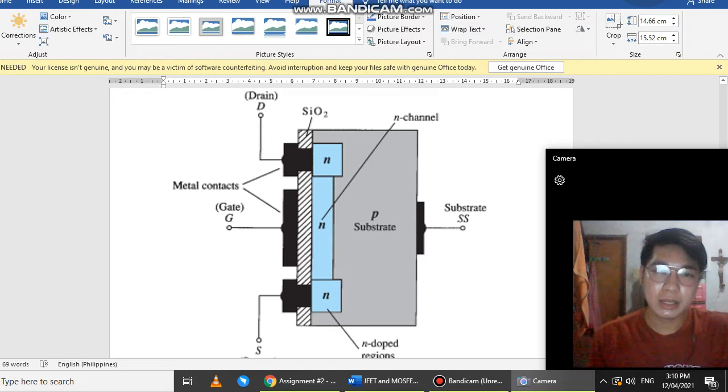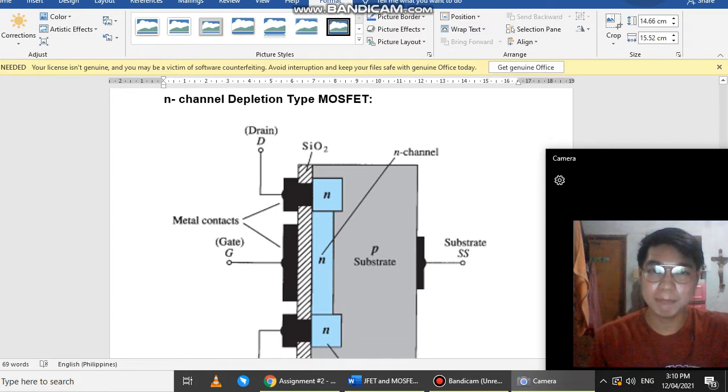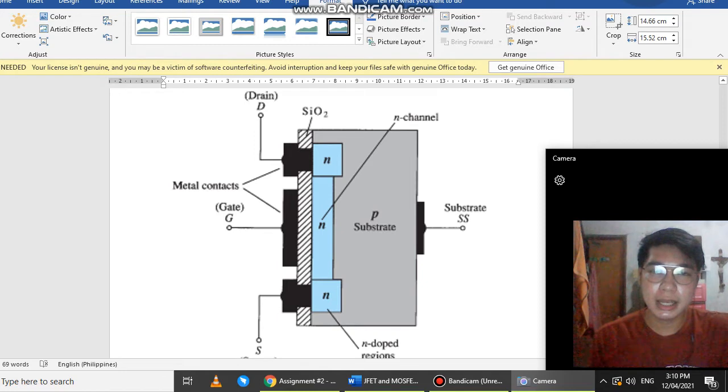So how does this N-channel depletion type MOSFET work? Basically, N-channel has a majority charge of negative, while the P-type semiconductor has a majority carrier of positive.